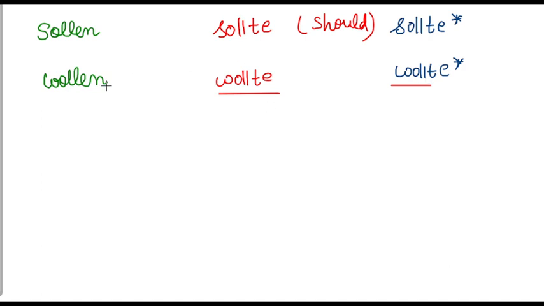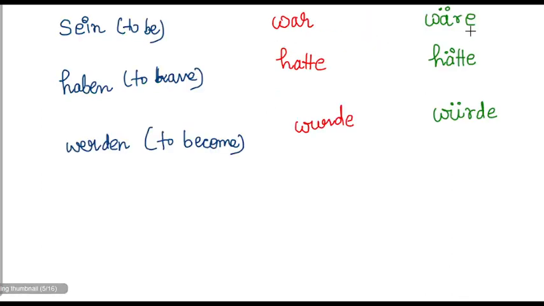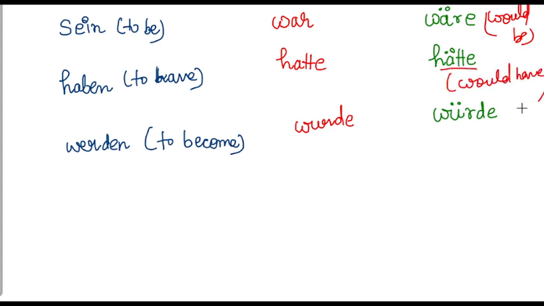Wäre means would be. Hätte is would have. And würde is would become. But there are other relative meanings that we will see later on.